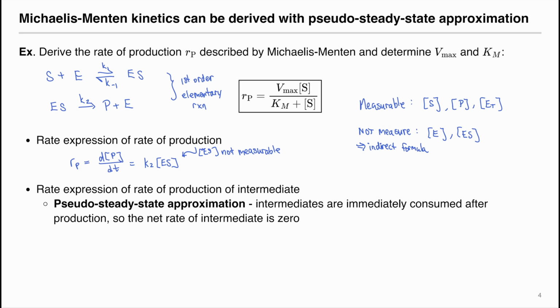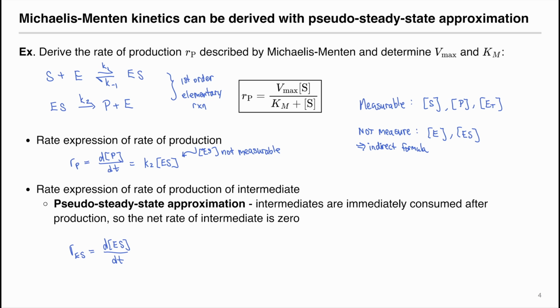So how do we get an indirect formula for the ES concentration? We do that by writing the rate expression of the rate of production of the intermediate. That is the rate of ES, which is equal to the derivative with respect to time of the enzyme-substrate complex concentration.